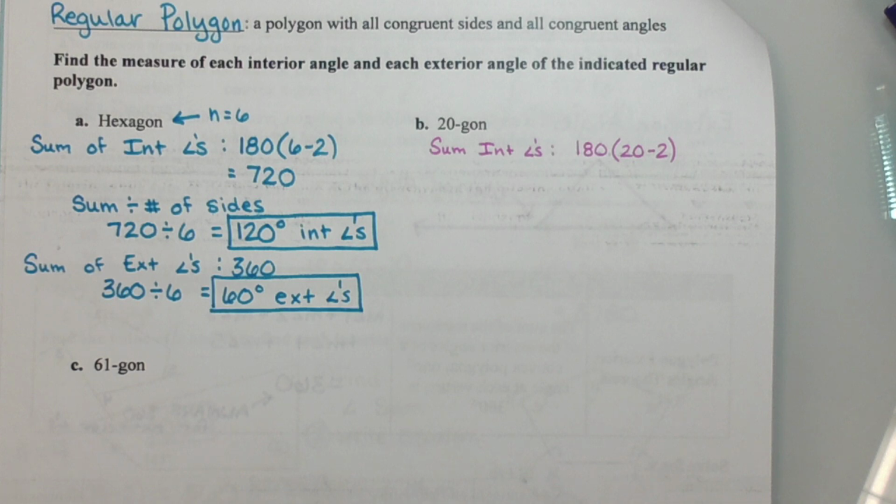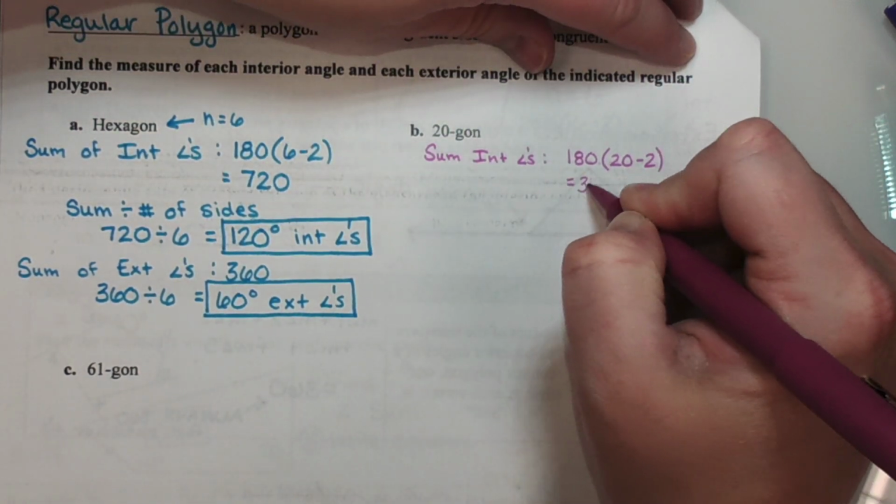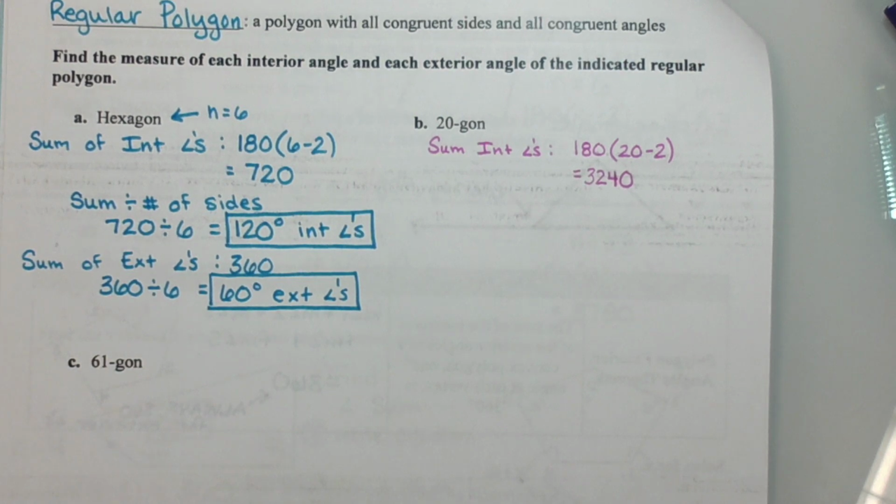Yeah, what do we end up getting? 3,240. So that's the interior angle sum. Charlie, how do I find an individual angle now?